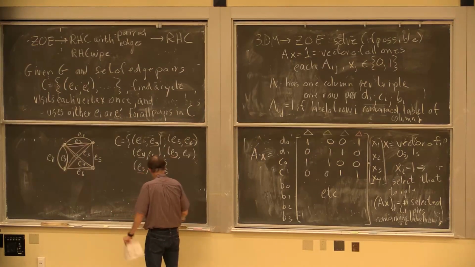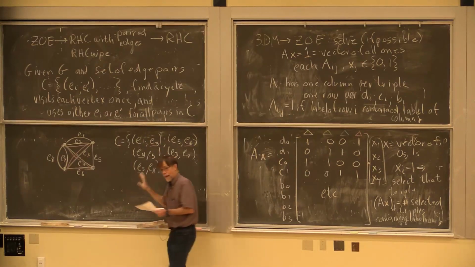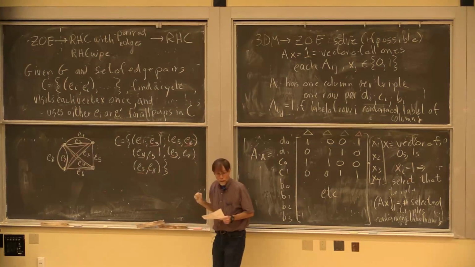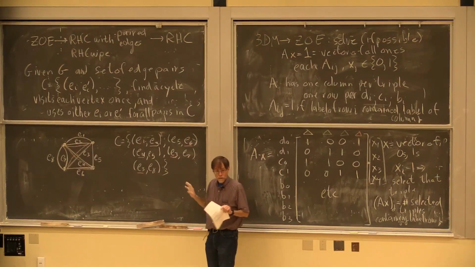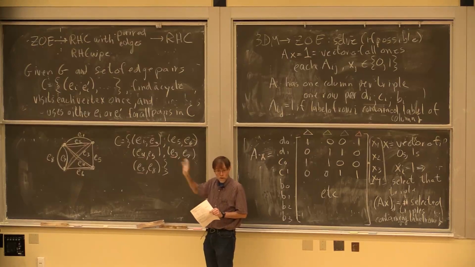So let me show you how to build a graph with this constraint that captures the problem of 0, 1 equations. So write down a very small set of equations and then build a graph that corresponds to it.